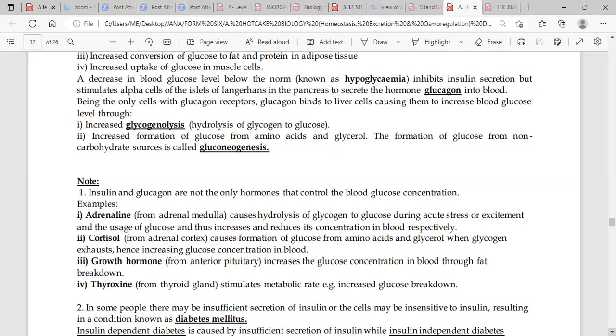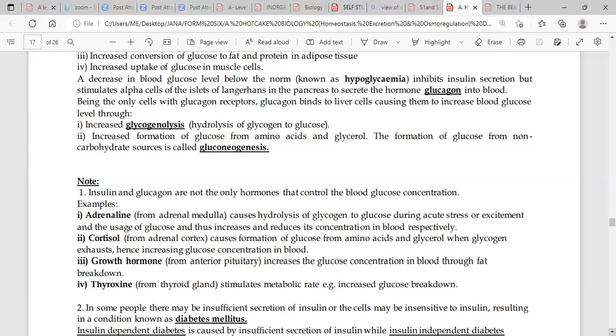And thus, this increases and reduces its concentration in blood, respectively. We have another hormone known as cortisol from the adrenal cortex, which causes formation of glucose from amino acids and glycerol when glycogen exhausts or when glycogen stores are used up, hence increasing the glucose concentration in blood.